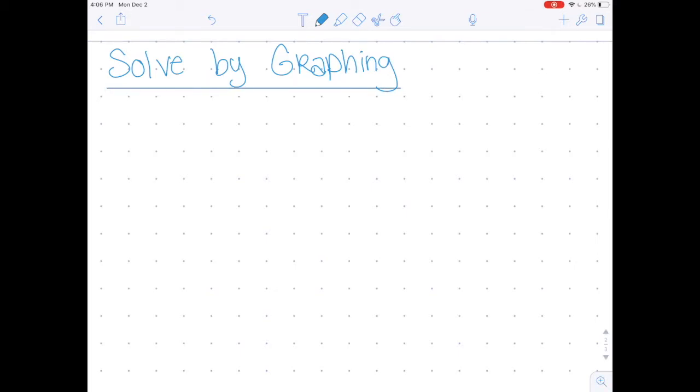Okay, so in this example, we have the equation y equals x plus 3, and the other equation is y equals 2x plus 1. Okay, so this is in slope-intercept form, so that is going to make it pretty easy for us to graph these. Get a coordinate plane going for us here.